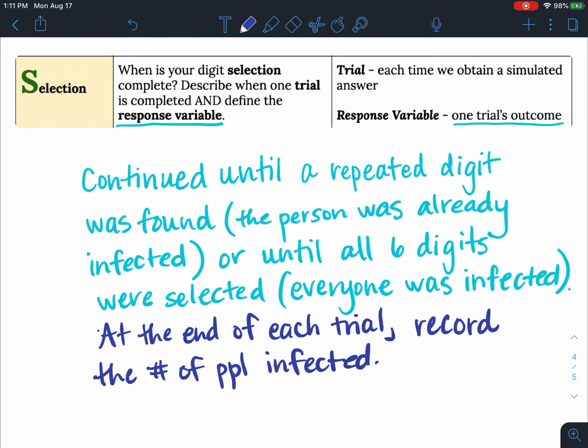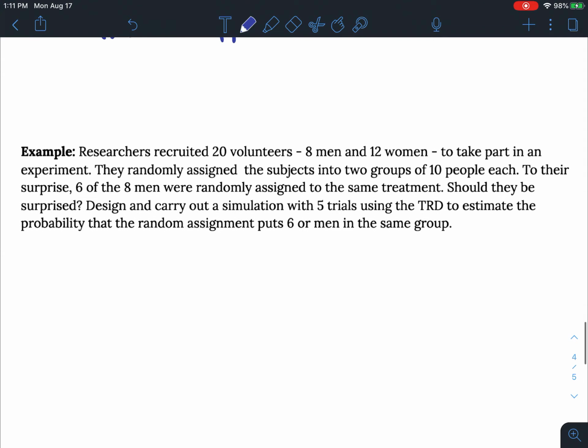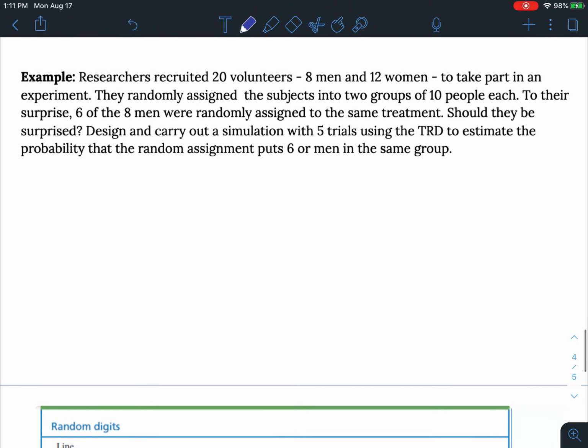Okay, I'm going to do one more example, kind of fresh, leaving the flu example behind, and then in class we are going to do some more together as well. This example says researchers recruited 20 volunteers, 8 were men and 12 were women, to take part in an experiment.